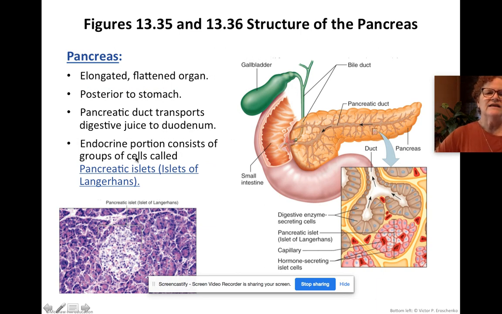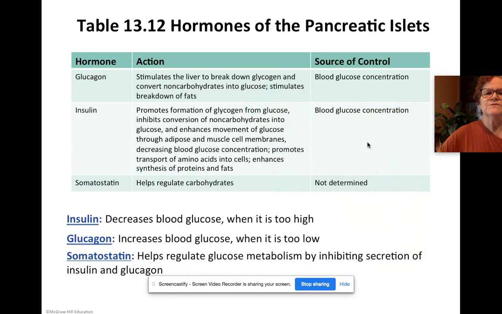So think about that. The pancreatic islets, that's this section right here, these little islands, the islets of Langerhans, posterior to the stomach, and it has, so taking care of the sugar in our body, and digestive enzymes. That's what's going to be happening there.